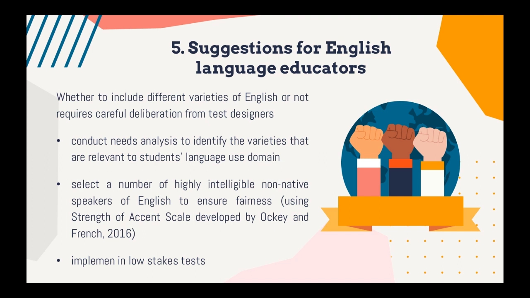This measure can help test designers to include various mild accents without giving any students unfair advantages or disadvantages. Moreover, the scale may bring positive washback, encouraging students to acquire a multi-dialectal listening skill. Hence, more varieties of English accents can be used on the English language test without creating test bias.